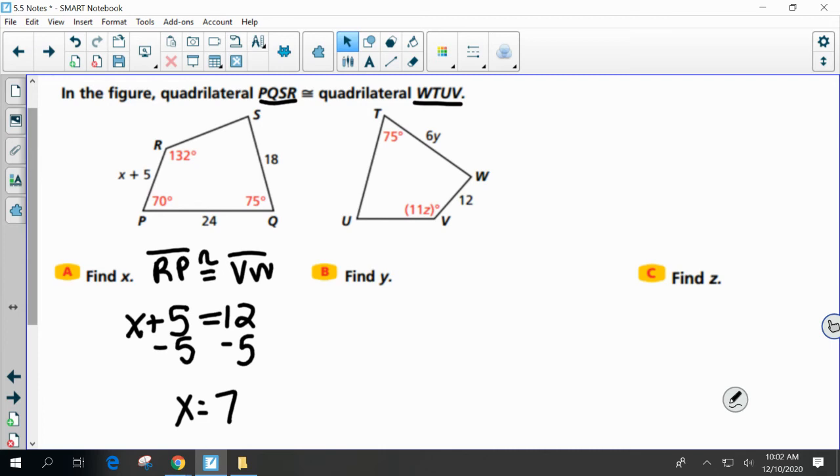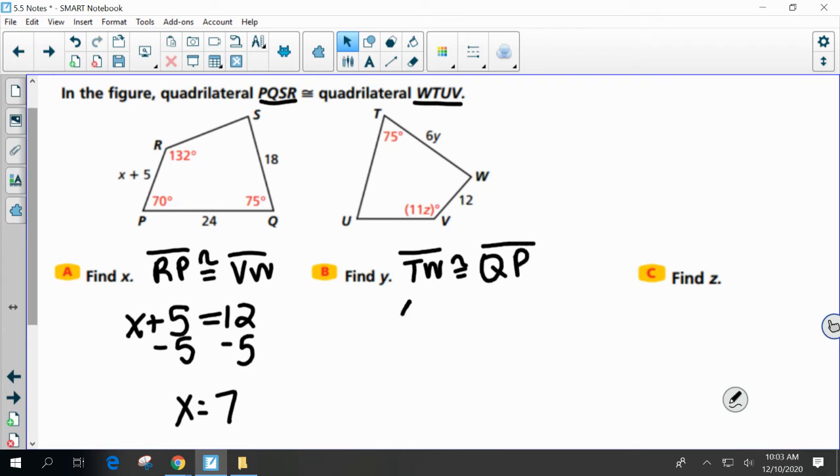Okay, so now we need to look at finding y. Y is located right here on TW. And if you look at TW, that's the second and then the first letter. So if you go over to the other set of letters, you would have QP.